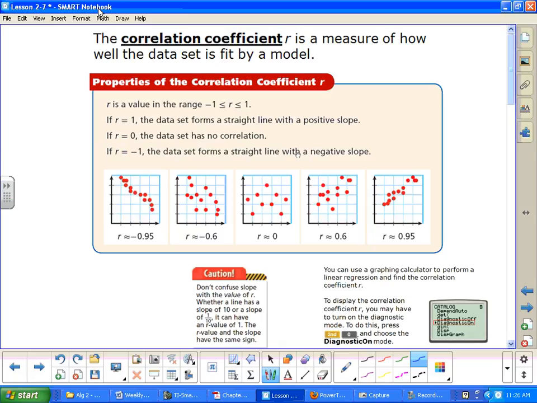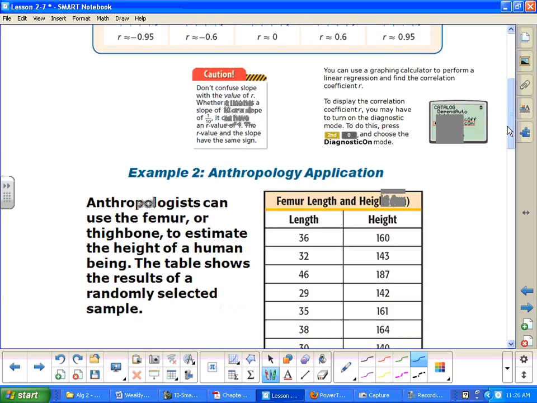And when we get a correlation coefficient, it's called R, we want that number to be as close to 1 or -1 as we can get, because then it tells us we have a really good fit, that our line fits the data really well. And if we have some that aren't as good, then we end up with situations like -.6 or +.6 or 0.